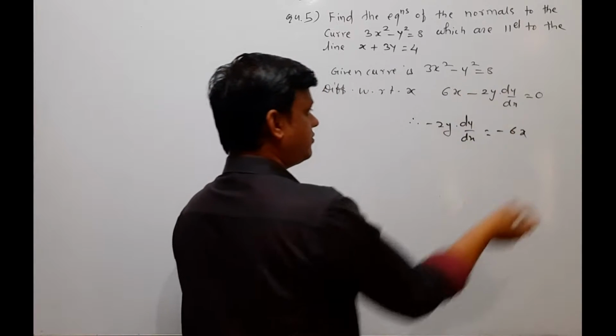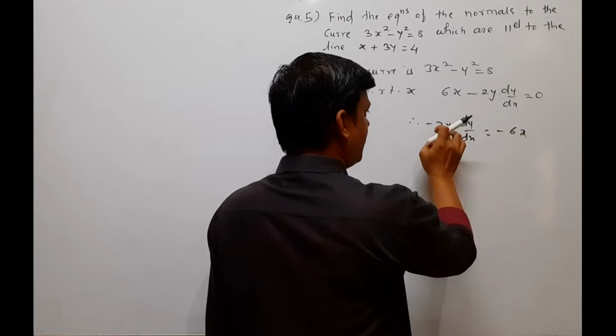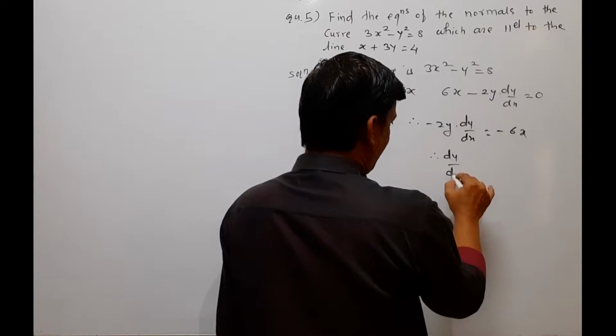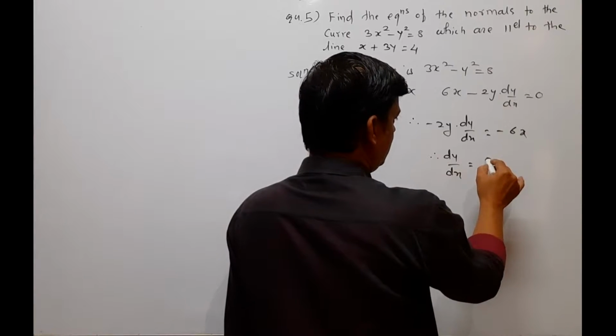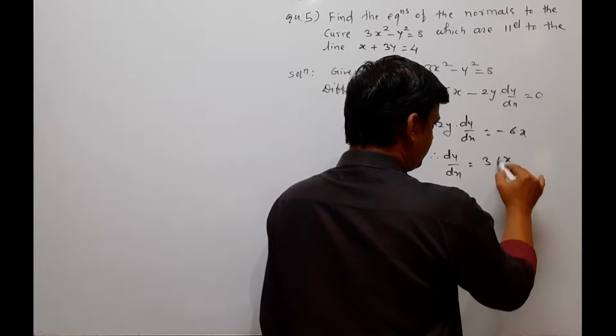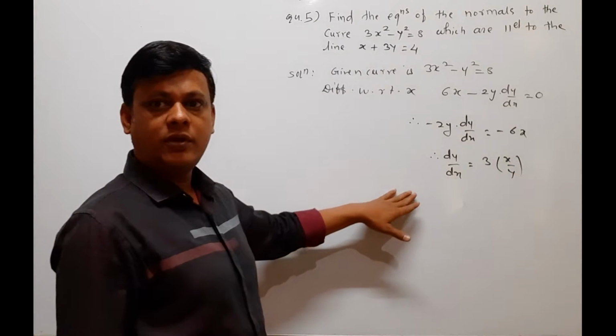We transfer this 6x to right hand side. So minus minus get cancelled and we divide this 6 by 2, we get 3. So right here, therefore dy by dx is equals to 3 into x by y. Now we require slope of normal.